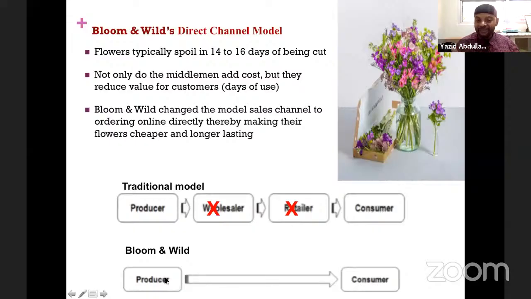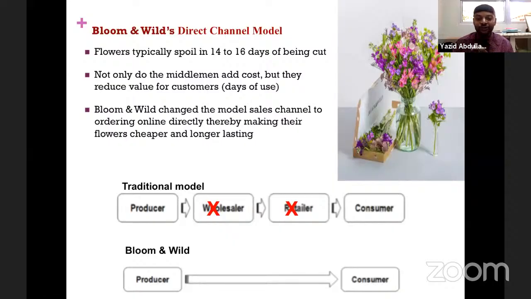And this gave them an advantage because now their flowers became cheap, and at the same time, the flowers were lasting longer with the customer because they were selling them directly. So you can see sometimes using direct channels can give you an advantage, but also remember sometimes using indirect channels can also give you an advantage. So you have to decide as a startup which one you want to choose.